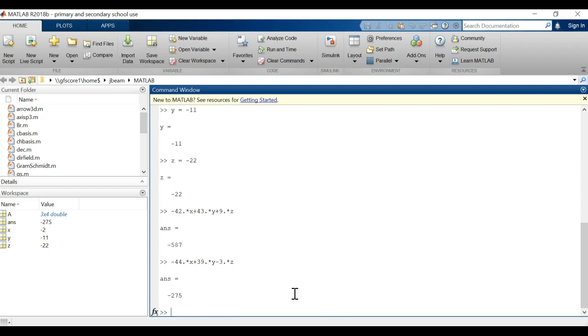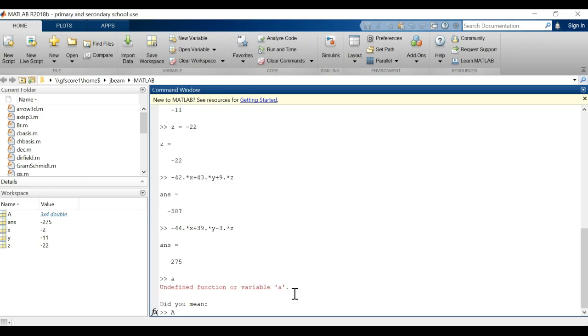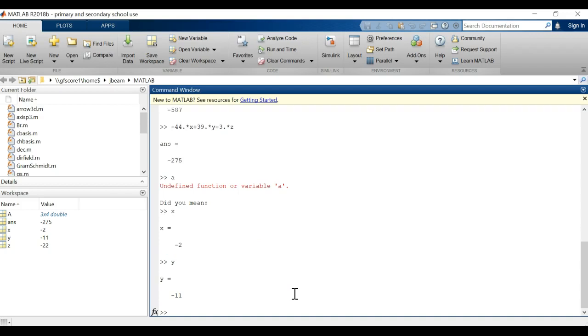So this answer, x being -2, y being -11, z being -22, solves this system. So there you go. MATLAB solving a very complex system of equations in literally one step. Pretty powerful tool. Your job today is to work through the other 7 that are on that assignment sheet, and you're good to go. All right, thank you.